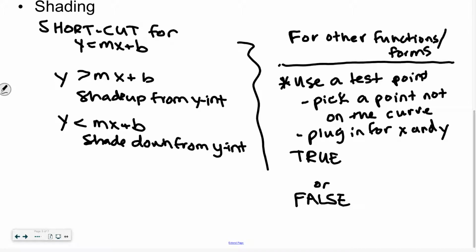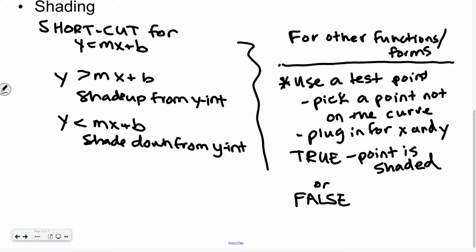So if it's true, it's part of the solution, and all the areas that we're shading are part of the solution. So you should shade where the point is. Like you'll be able to say in this part of the graph, this point worked, the inequality was true. We'll see this in our example.